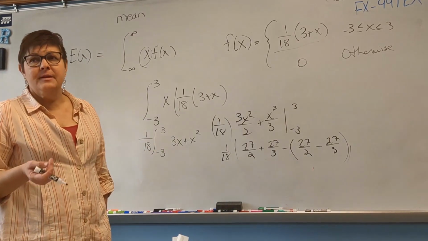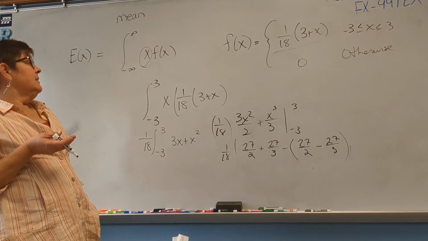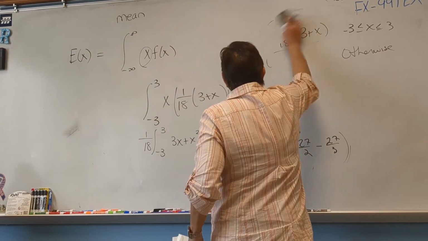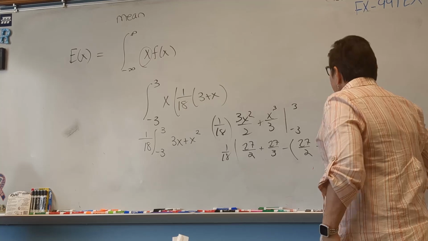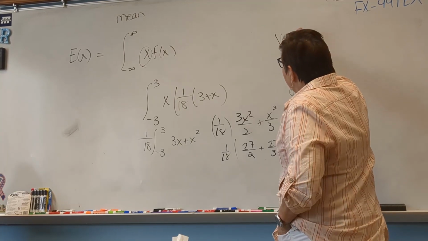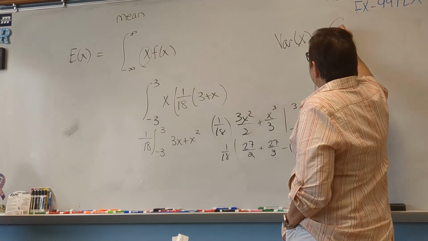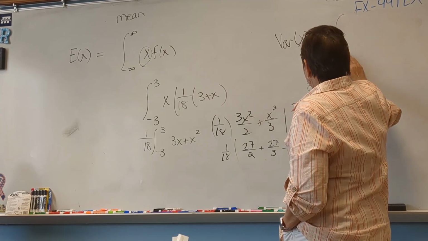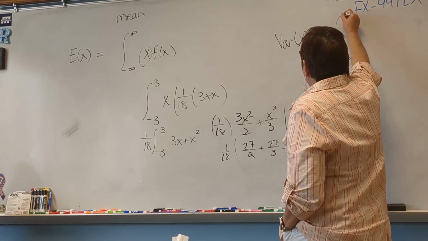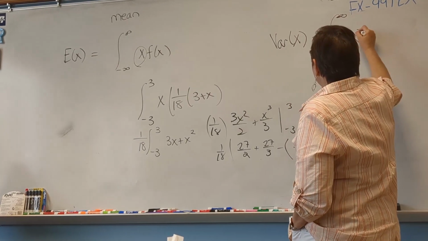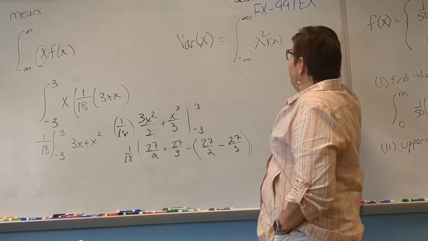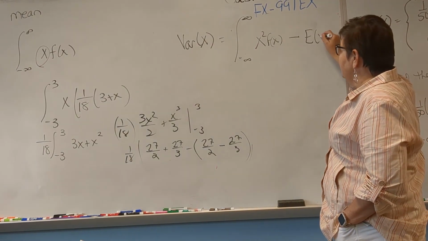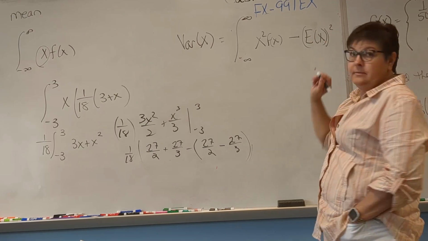The other thing that you're going to do is the variance. So this was the mean, the expected value of x. The other thing that you can do is the variance of x. The formula is going to be, and I don't really like that negative infinity to infinity, but we'll just stick it on now that you understand what that means, the integral of x squared f of x, minus the E of x that you just found, squared.